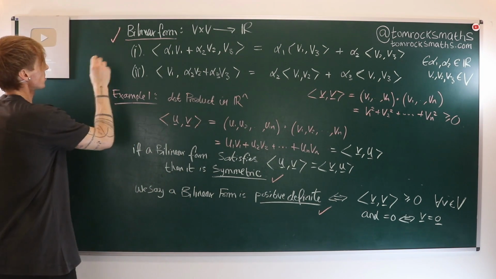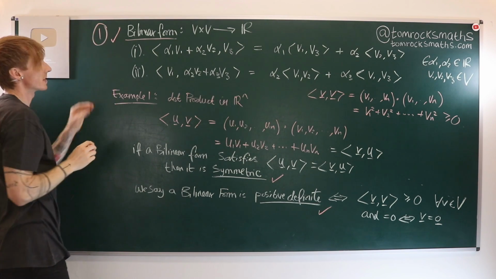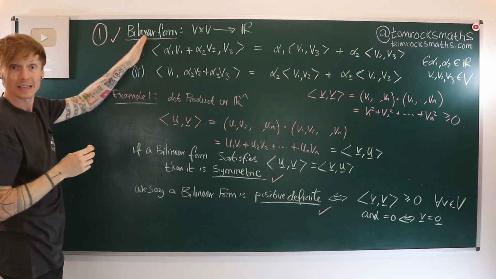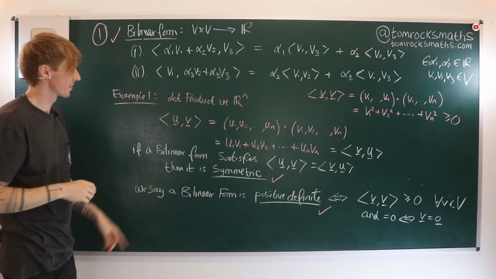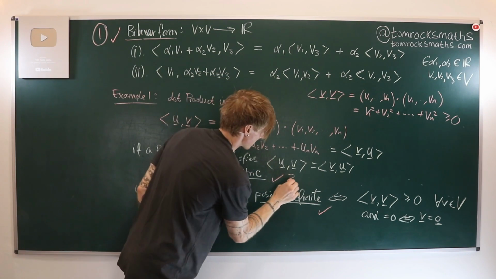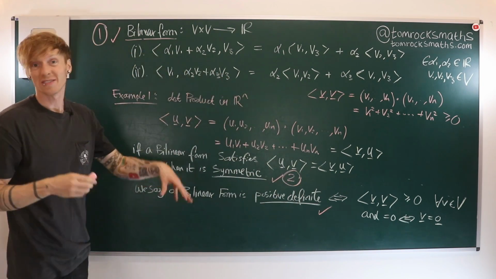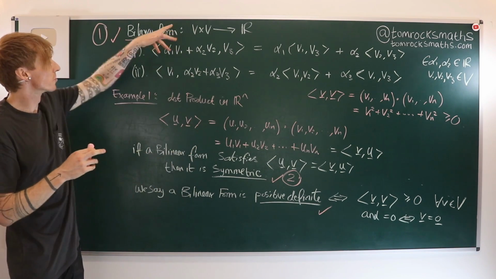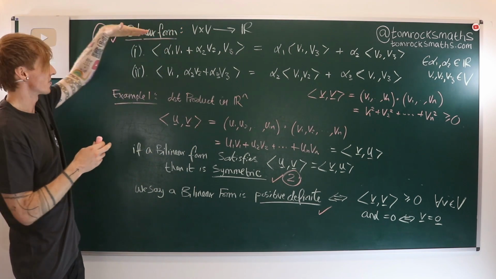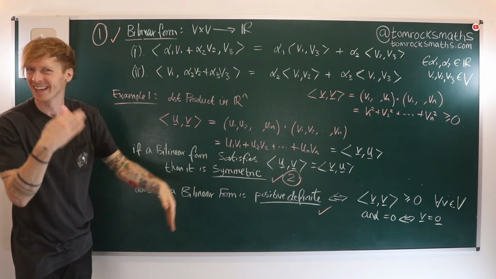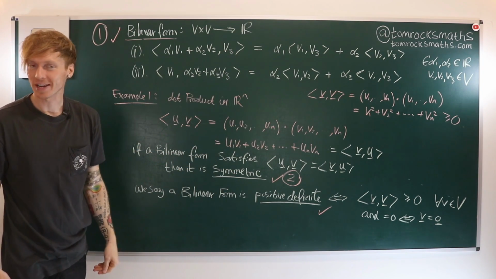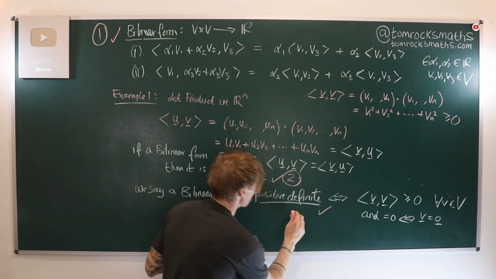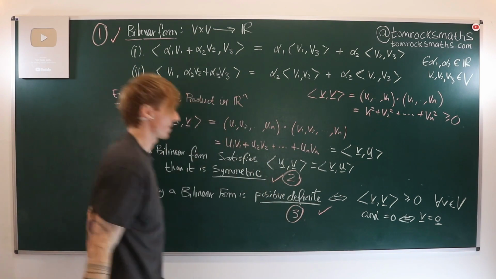So to be an inner product, you need a bilinear form satisfying these two properties of linearity. 2, it has to be symmetric, which as we'll see removes the need to check both of these, as if it's true in one and it's symmetric, you automatically get the second one for free. And 3rd, you need it to be positive definite.